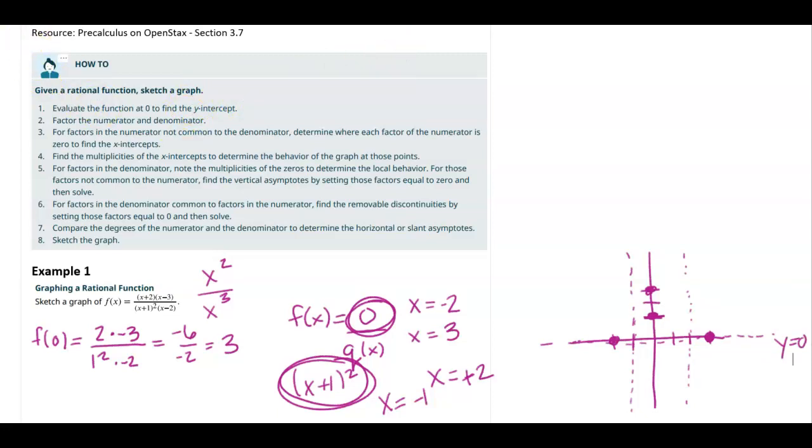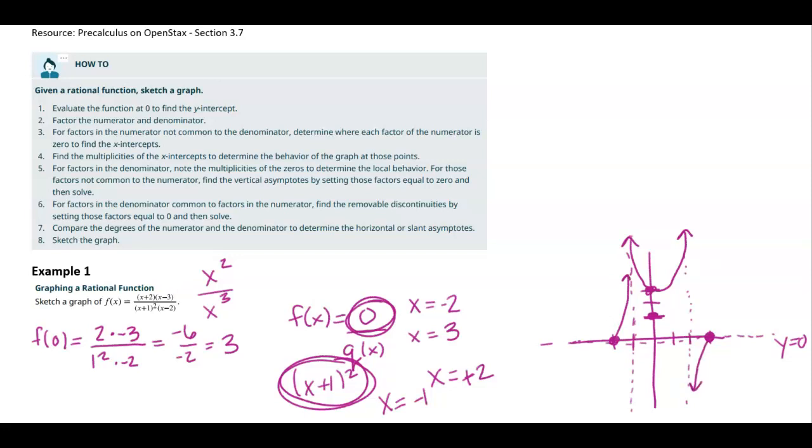Next, we need to sketch our graph. Now, the one piece that I know for sure is I don't have any x-intercepts in this interval here, so I must go through and have something kind of like that. Also, I have to behave like the 1 over x squared function through this asymptote, so I bet my function goes like this, and I have to behave like 1 over x here, so I bet my function goes like this.